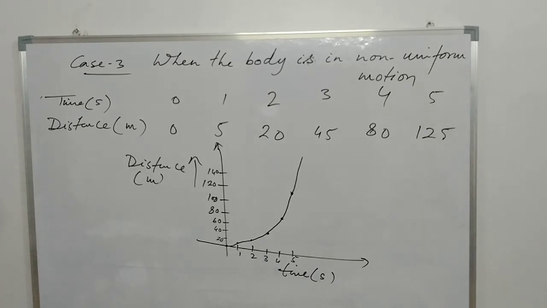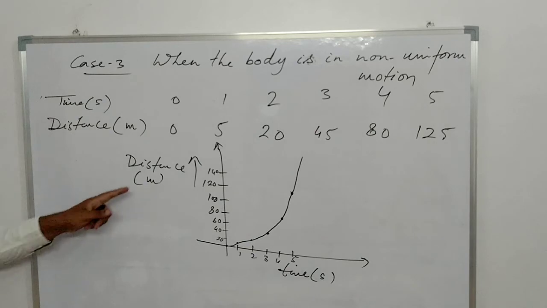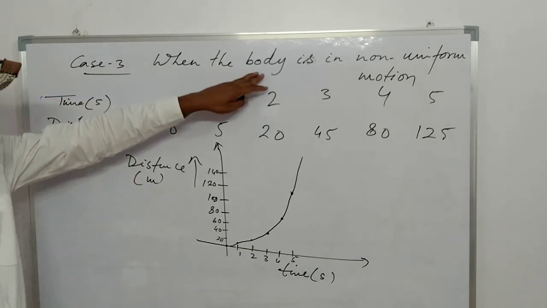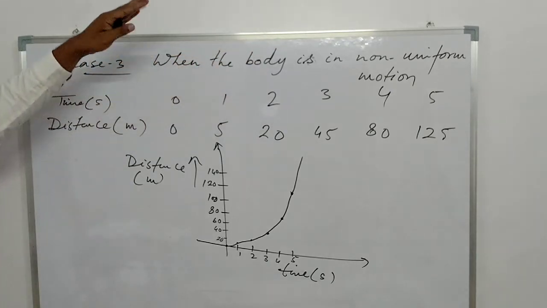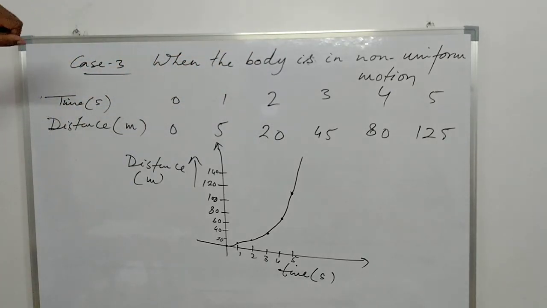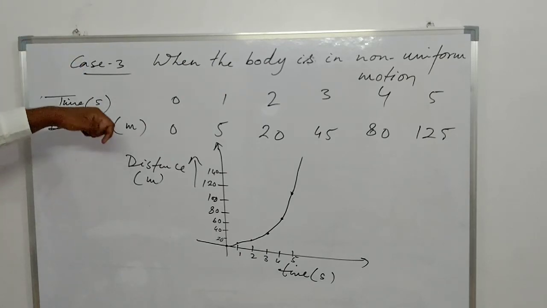Got it? Suppose this is accelerated motion. You can also say that when the body is in non-uniform or accelerated motion. When the motion of the body is retarded, then the body has negative acceleration.